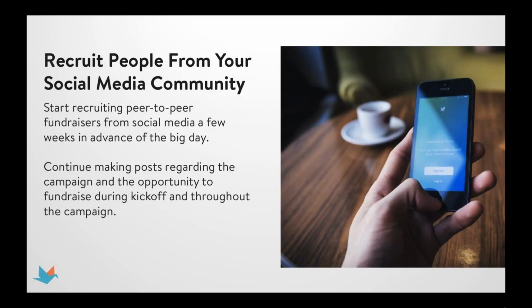The third group is people from your social media community. The great thing about people that are already engaging with you on social is that they are already behaving in a way that's going to help them become a successful fundraiser and lead them to becoming an advocate for your cause. They're already staying connected to their friends and family. They're leveraging digital tools to amplify what they're sharing.